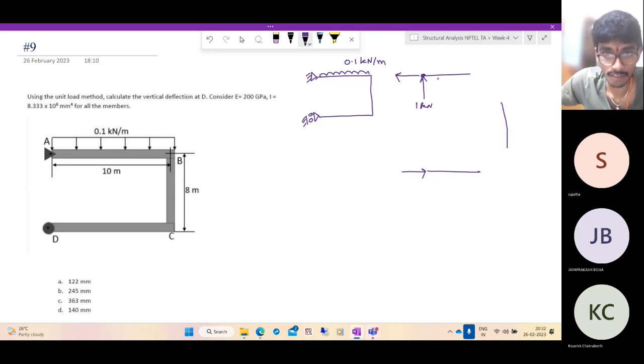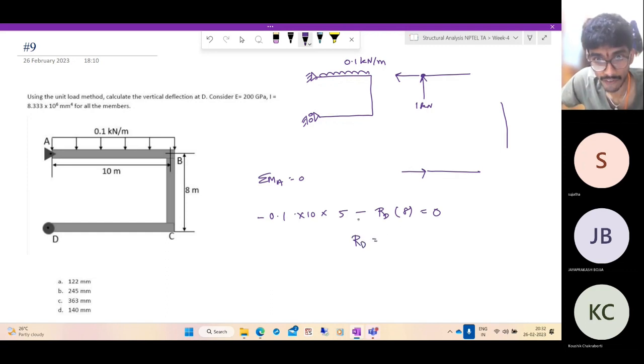If we write moment equilibrium about the point A equal to 0, we get 0.1 clockwise acting at 5 meters minus RD acting at 8 meters equal to 0. So RD is nothing but 5 by 8 kilonewtons.